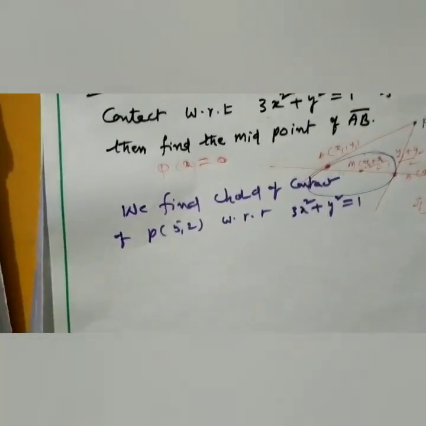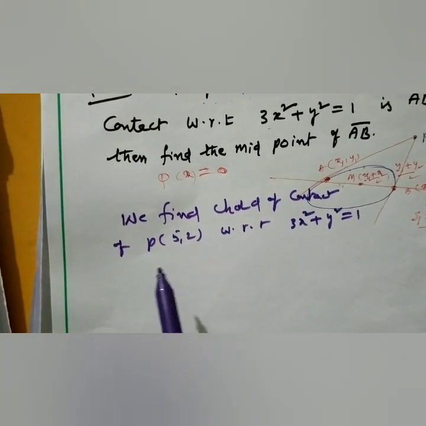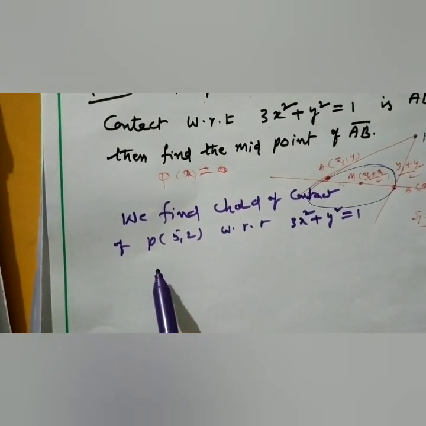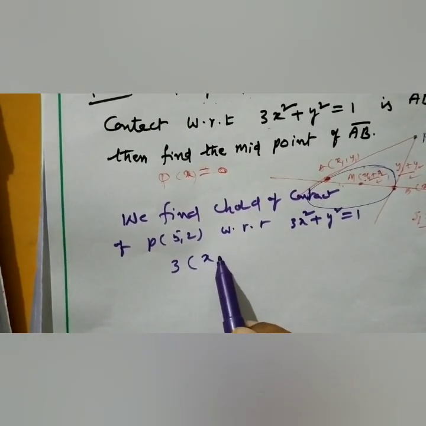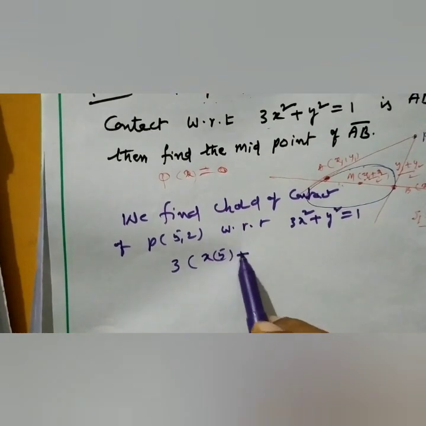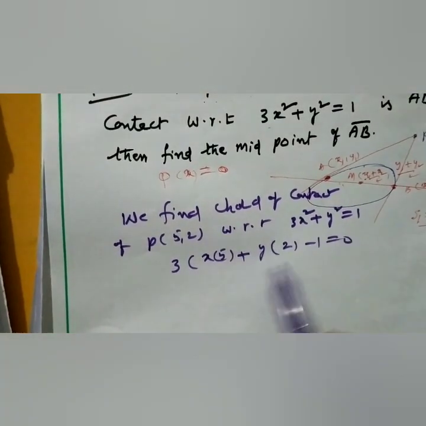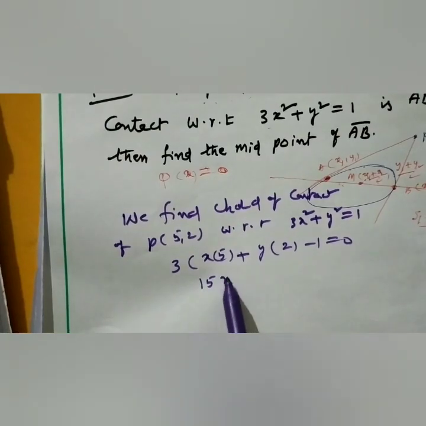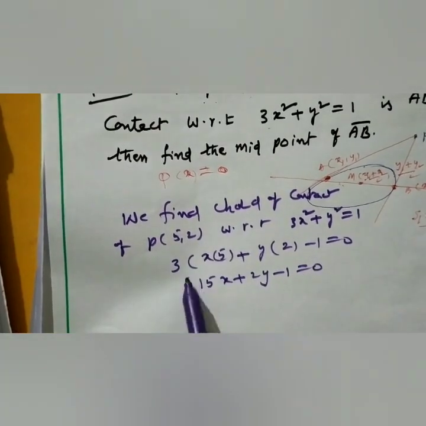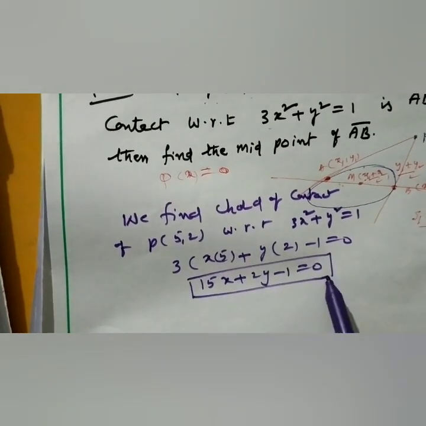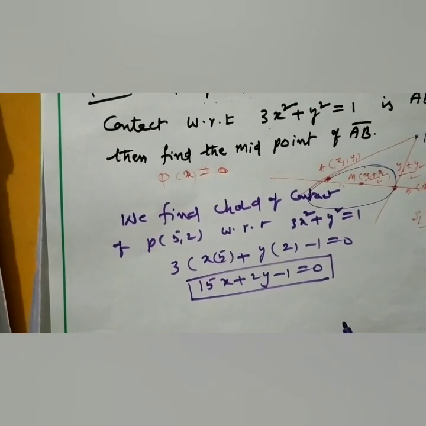The chord of contact is xx1 times 3 plus yy1 minus 1 equal to 0, that is 15x plus 2y minus 1 equal to 0. This is the equation of the chord of contact.